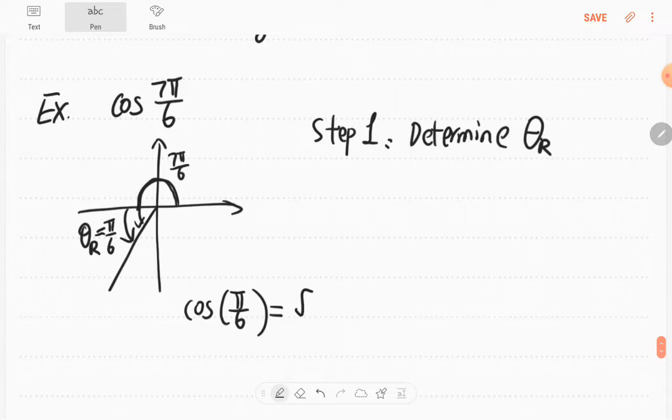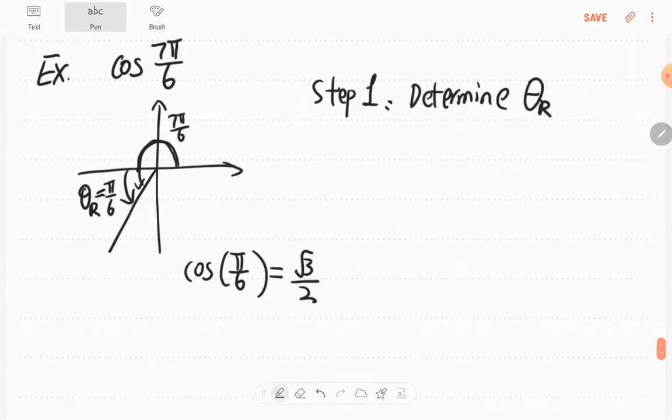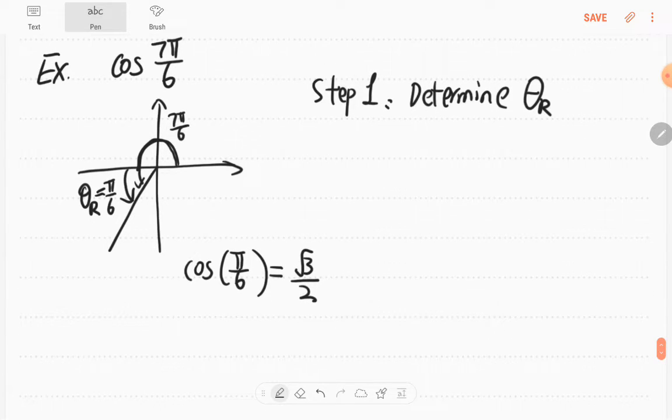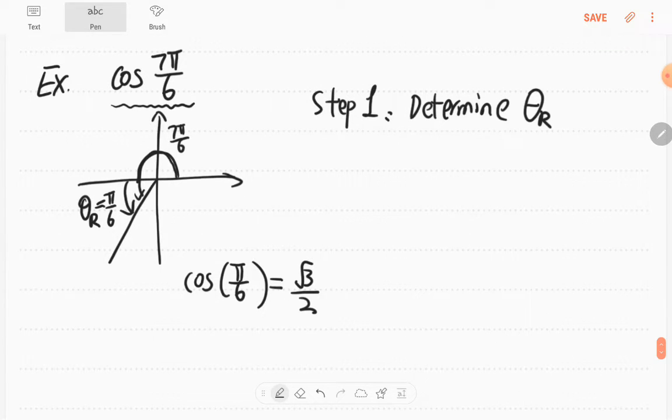Equal to square root 3 over 2. Do you remember that? Okay. Then the next thing is, this cosine function should have the same absolute value as this one, but it should be plus or minus depending on the terminal angle, right?